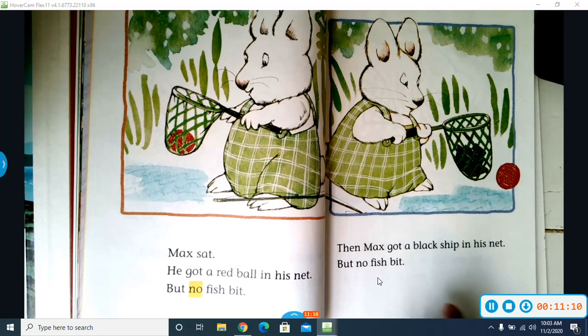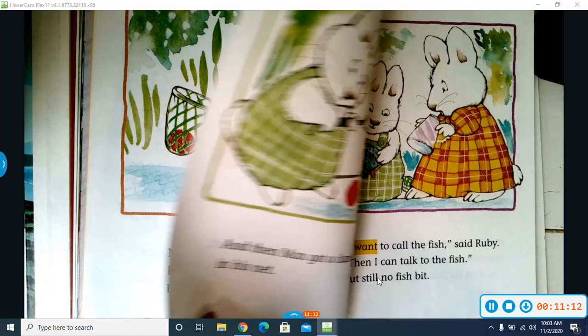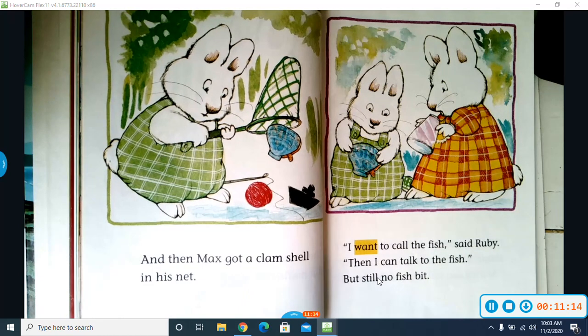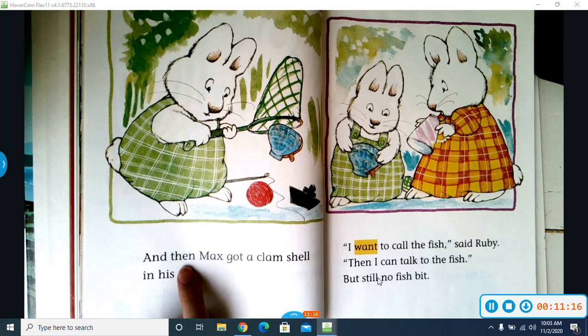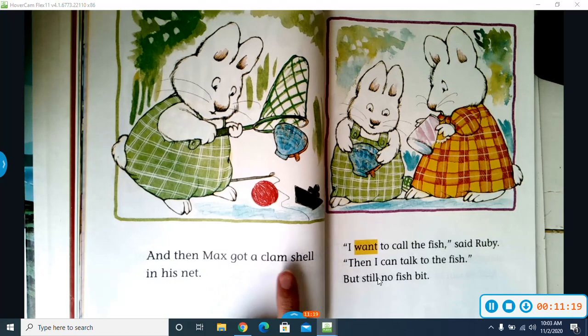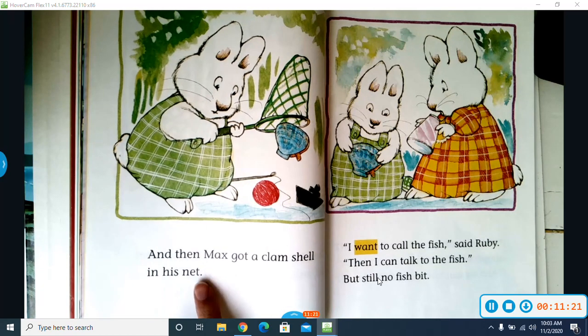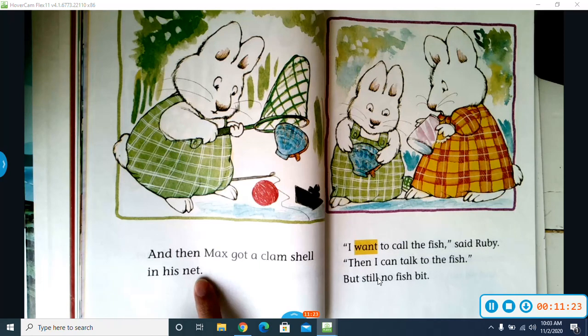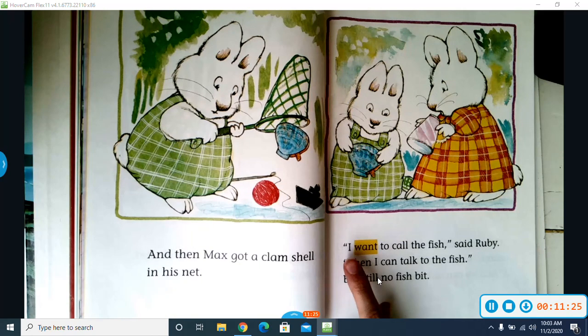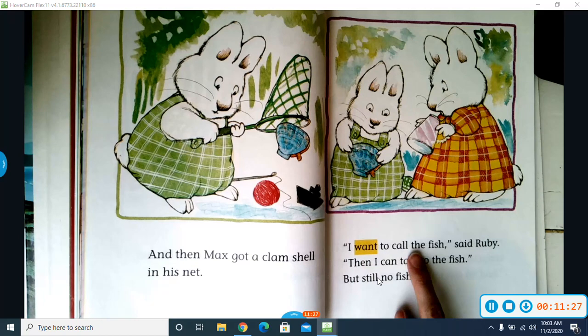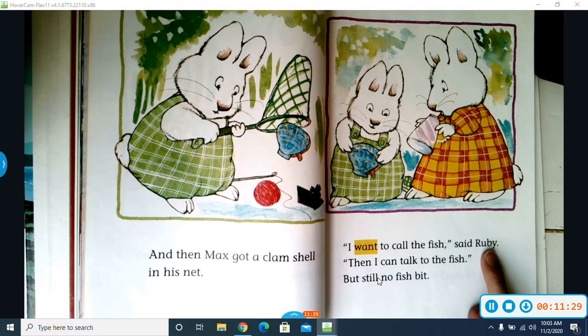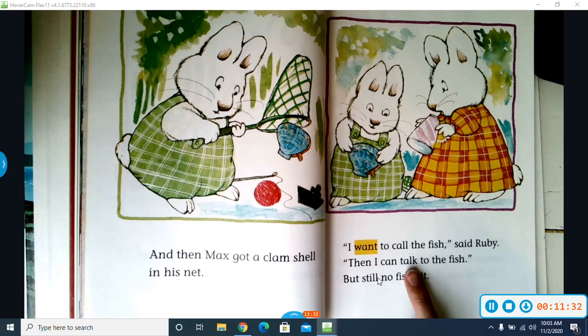Oh no, that plan's not working out like they hoped it would. Oh boy. And then Max got a clamshell in his net. I want to call the fish, said Ruby. Then I can talk to the fish.